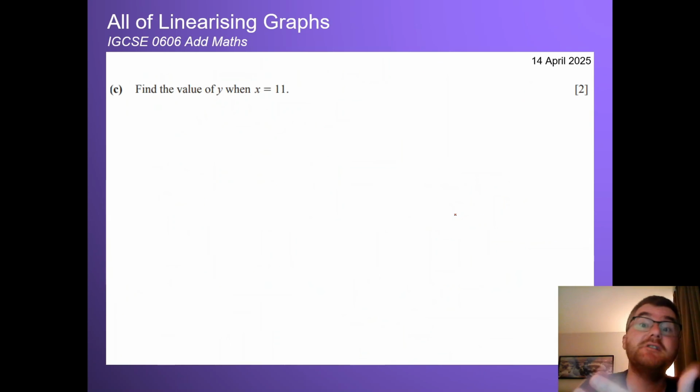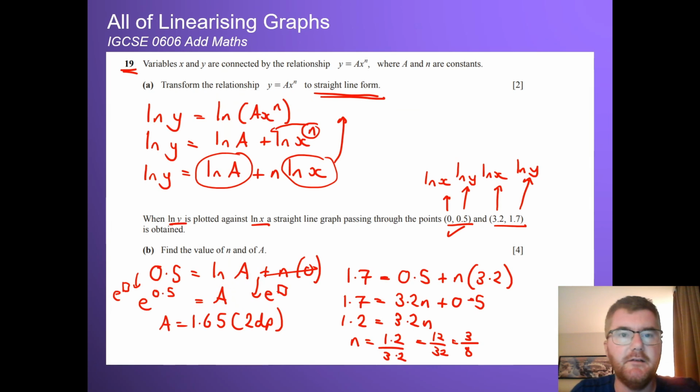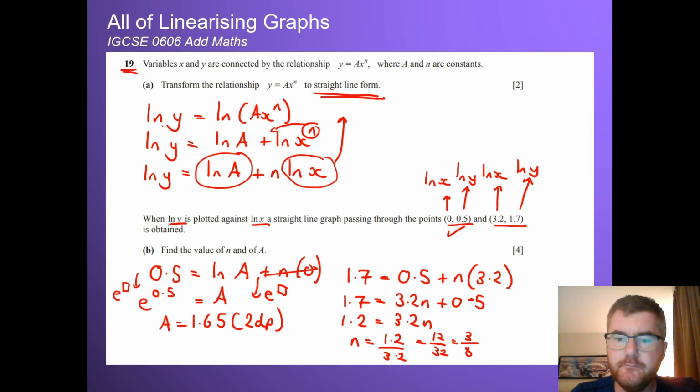Okay, and now we have to use those facts in order to work out x and y. So, find the value of n and a. We've done that now. So we've got y is equal to a, and we can use either, I guess, here.